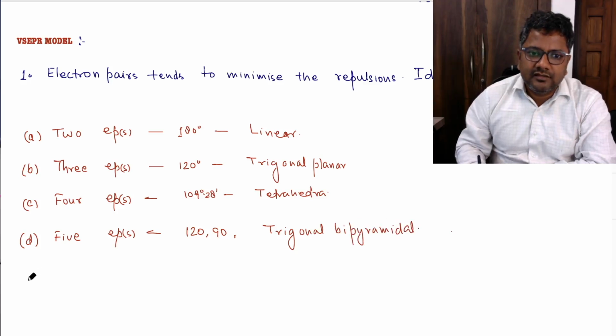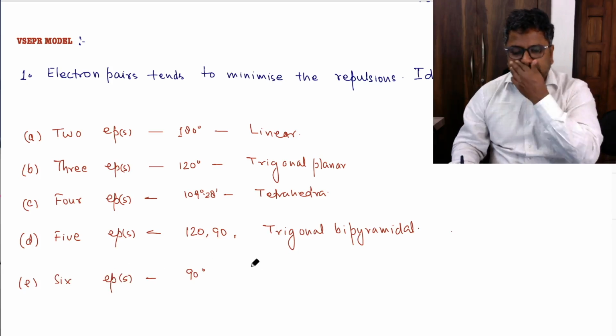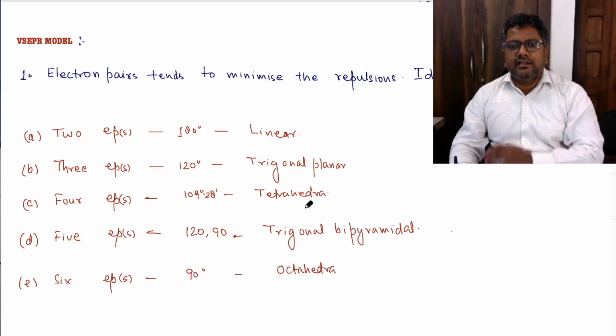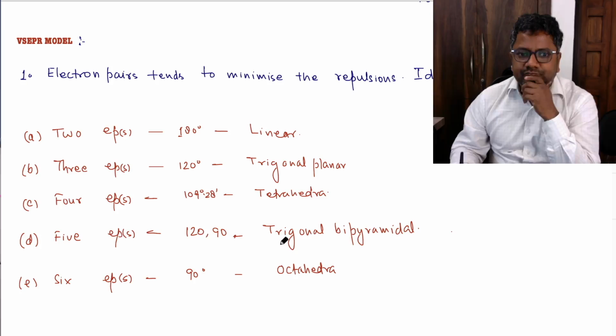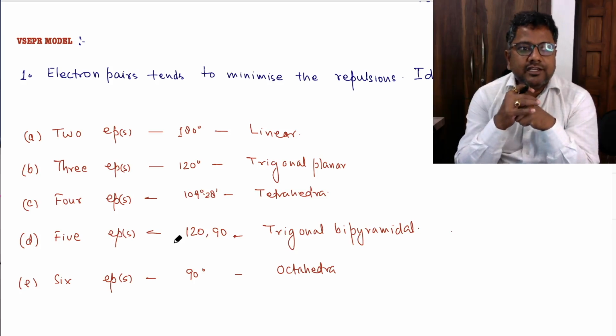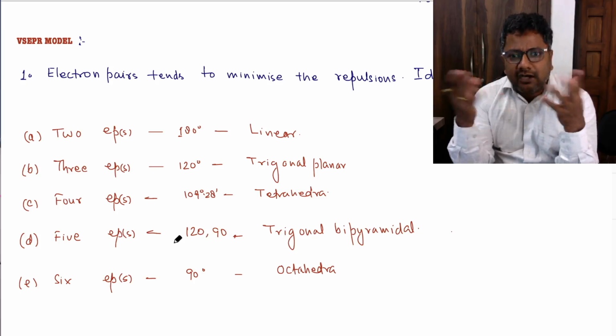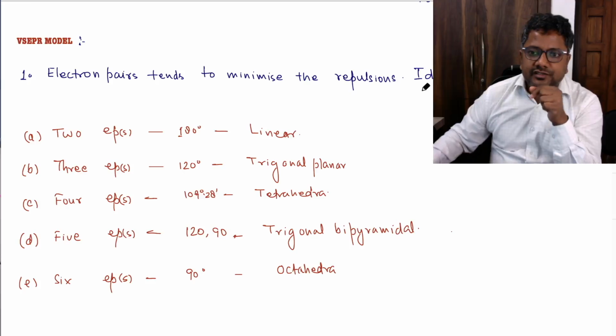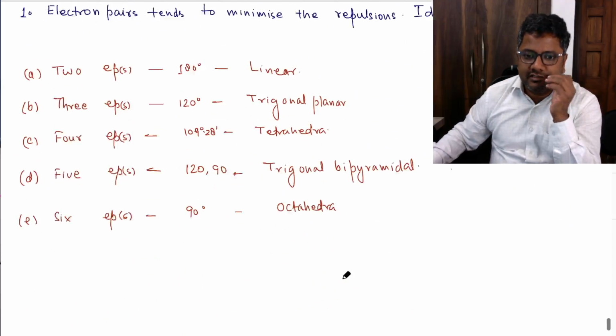Now, if there are 6 electron pairs, it is 90 degrees and octahedral. In case of five electron pairs, we may have other geometries as well, but here I have taken the word ideal geometries. Ideal geometries are these.